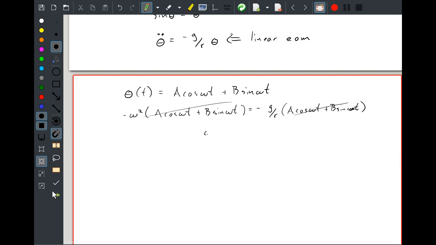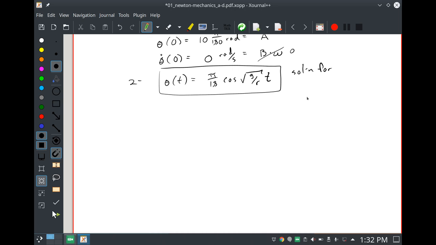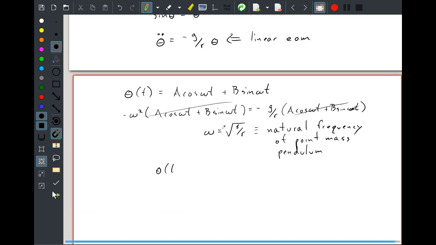And I end up with omega equal to root g over r. So our natural frequency of a pendulum is the square root of g over the length of that pendulum. So theta of t is equal to a cosine omega t plus b sine omega t.